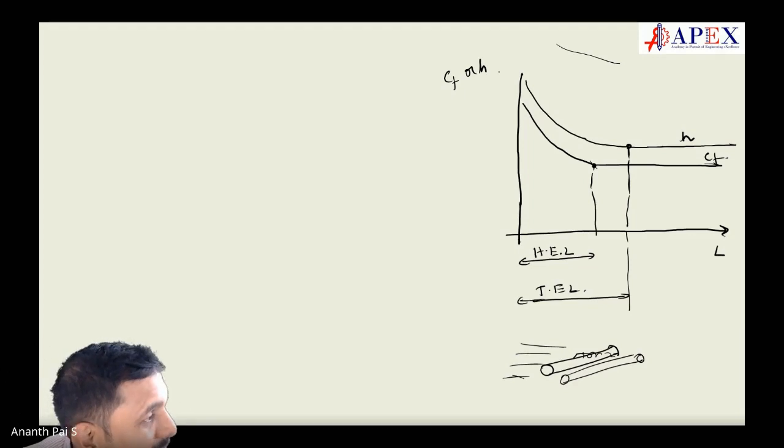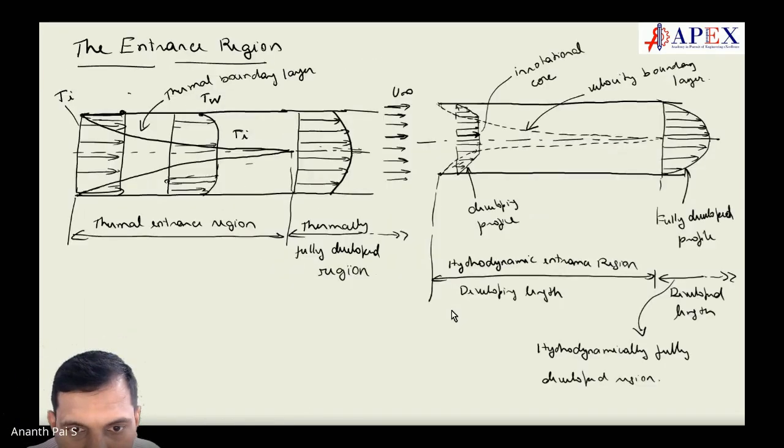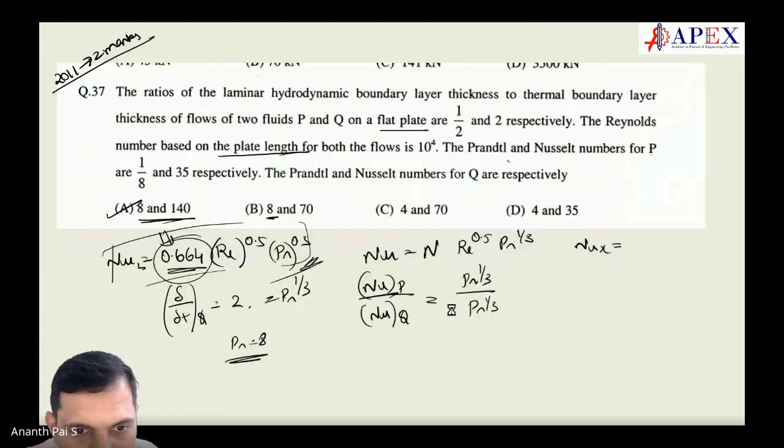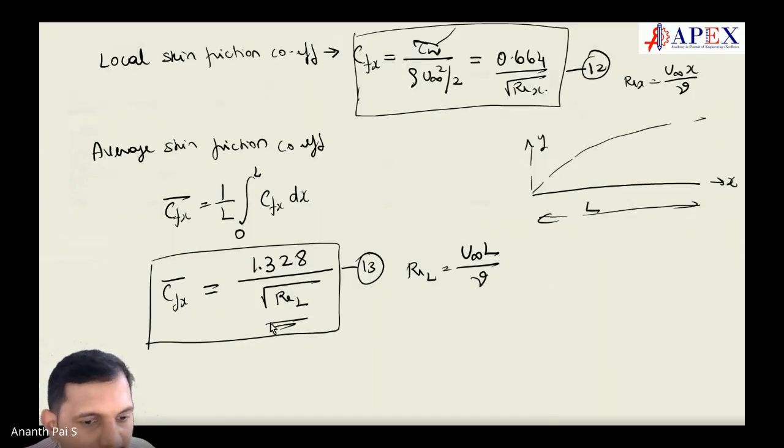What is Cf? 0.332 into, come on. I can forget, you cannot, or you must not. Root of Re_L, is it not? Re_x. So root, as velocity increases, Cf decreases.